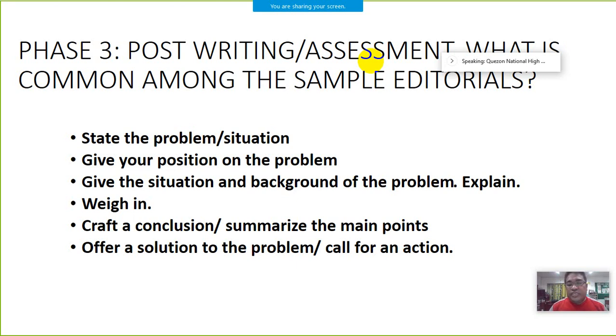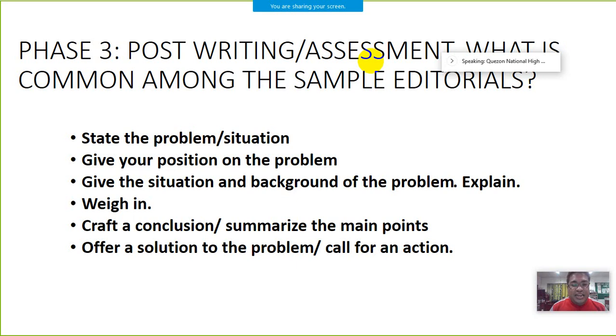So in other words, in editorial writing competition, it doesn't matter what approach or what format you will use, as long as the presentation is good, because what is counted at the end of the day are these things.